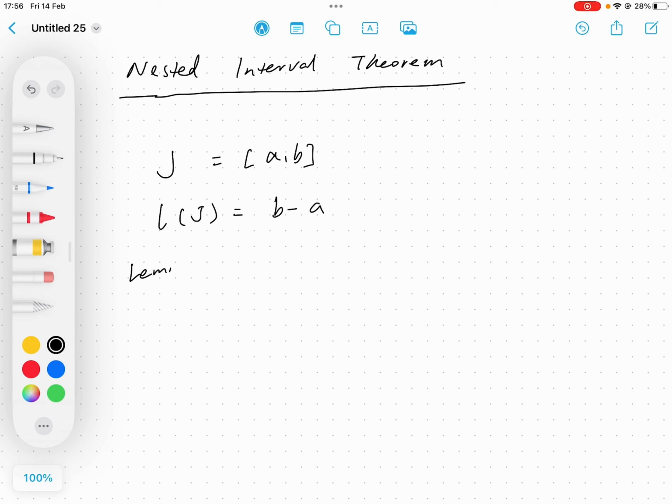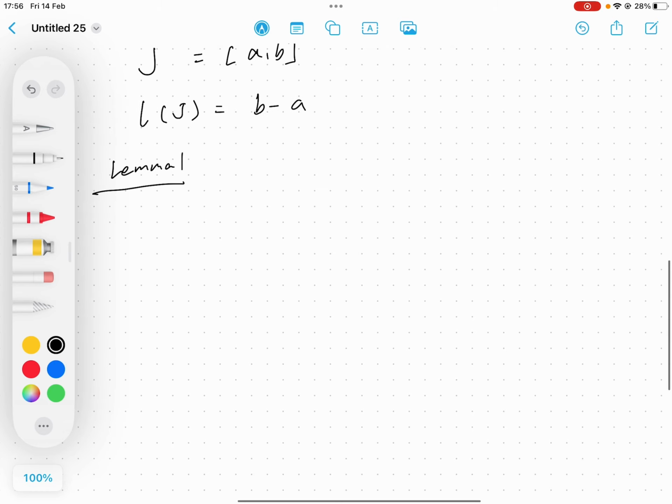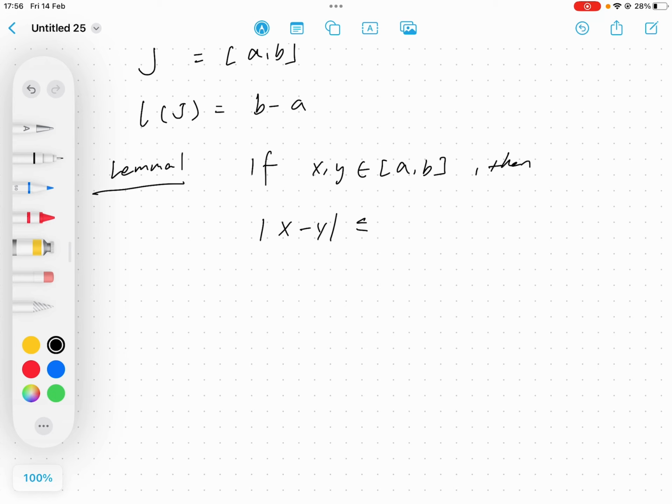Lemma one, which we're going to use later, says that if two points x, y are in this J, then the Euclidean distance between x and y, or the absolute value of x minus y, has to be less than or equal to b minus a. This is pretty obvious, so we're going to skip the proof. You can work on that if you're interested.